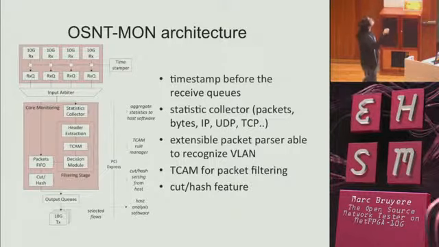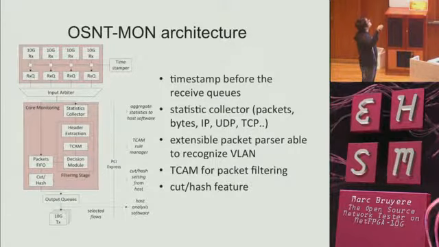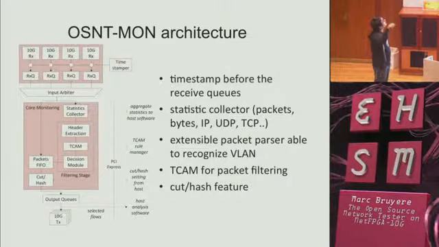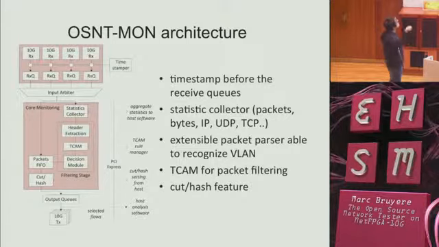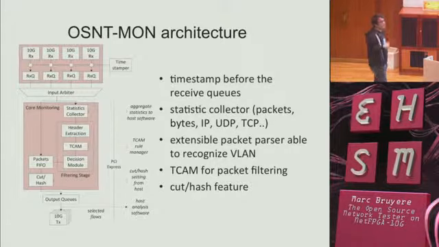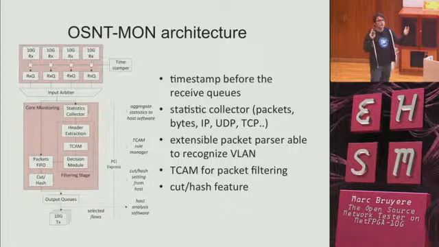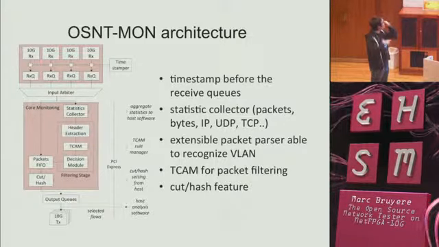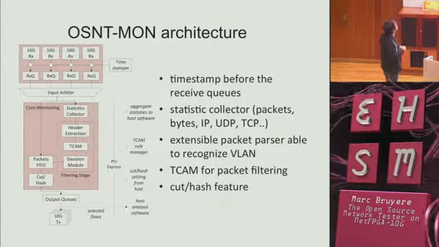Then we receive on the 4-port 10 gig here, just on the top, and right after we receive the packets, they are checked, because at the end of the Ethernet header we have a CRC to check if it's a good packet.